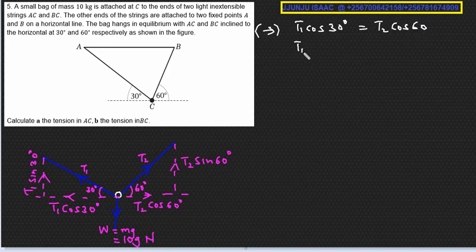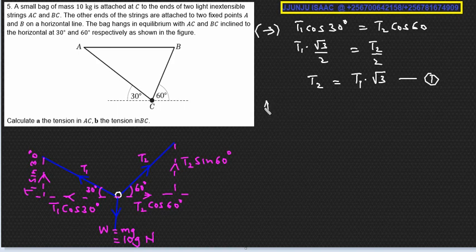So T1, this is root 3 over 2, and T2, cos 60 is a half, implying that T2 is T1 times root 3. So that is equation 1.